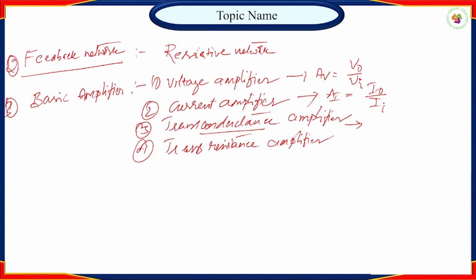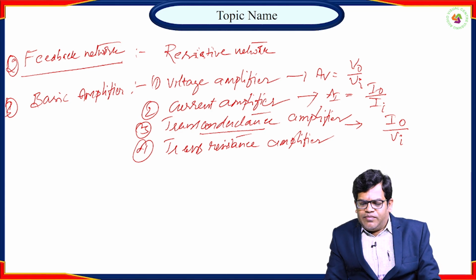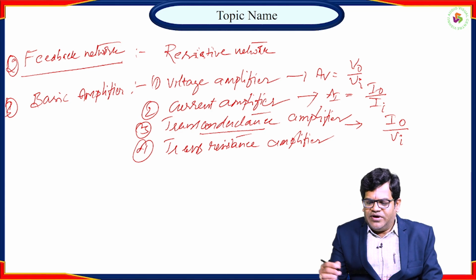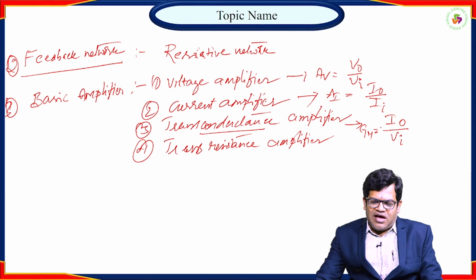So what does it mean by transconductance? The output should be the current and the input is voltage. So if the output expected from the amplifier is current when provided the input as a voltage, then you define that as a transconductance amplifier.